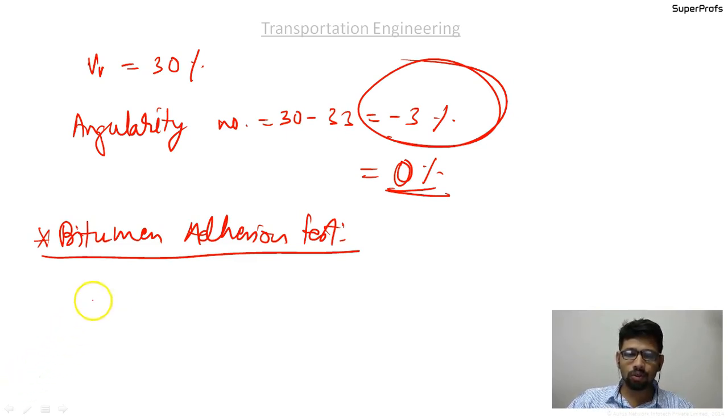In this test, we take some aggregates and cover them with bitumen. There are very stringent specifications as per the provisions, which I am not stating, and we keep these bitumen-coated aggregates in water for 24 hours, and later on we visually inspect how much of the bitumen is stripped off. We can see that by naked eyes. So that is what the test is.